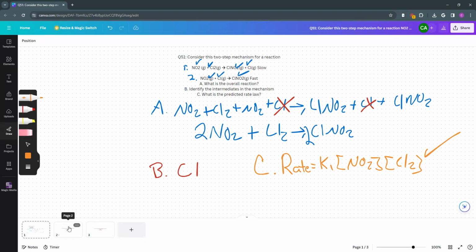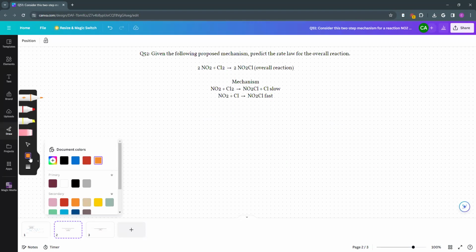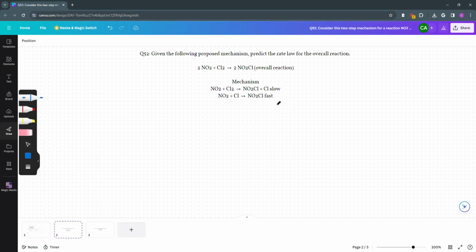Now let's go on to 52. 52, more of the same. Here I give you the overall reaction though, so we don't have to do that. So here's our mechanism. We have a slow and fast mechanism. So given the mechanism, what is the rate? So going from my slow mechanism, rate equals, well, this is my first reaction. There's my second.